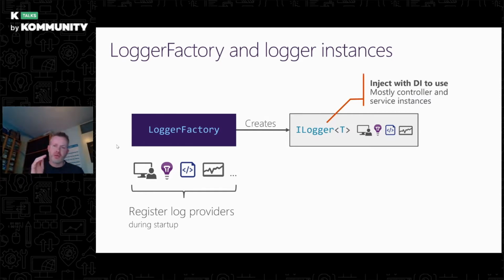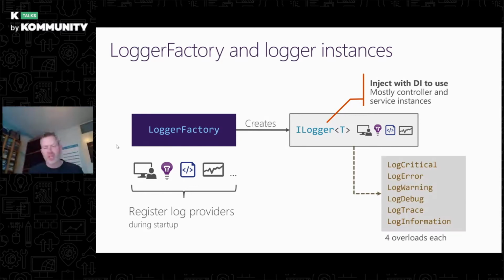The way you normally get a logger is by injecting this abstracted type, ILogger, into the constructor of your controller, or in other places where you can look into the dependency system and ask for a registered service. And your ILogger is registered automatically by the plumbing, and the logger factory is used beneath the covers to produce an instance of your logger.